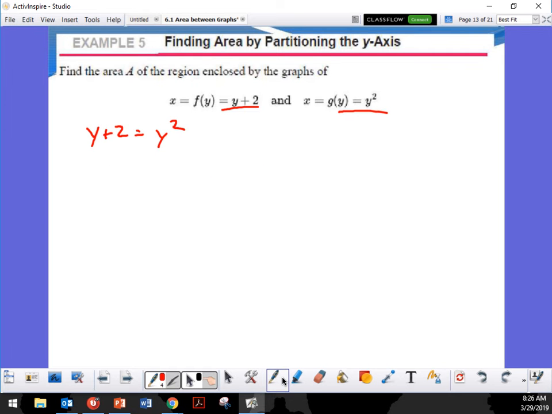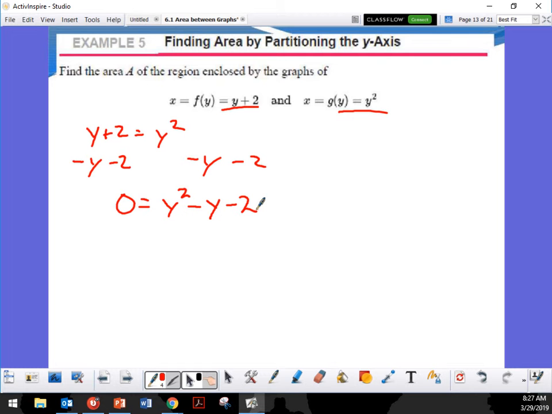Alright. So they're set equal, right? Subtract y from both sides. Subtract 2 from both sides. So 0 equals y squared minus y minus 2. The only things that multiply to be negative 2 are negative 2 and 1, or negative 1 and 2, right?